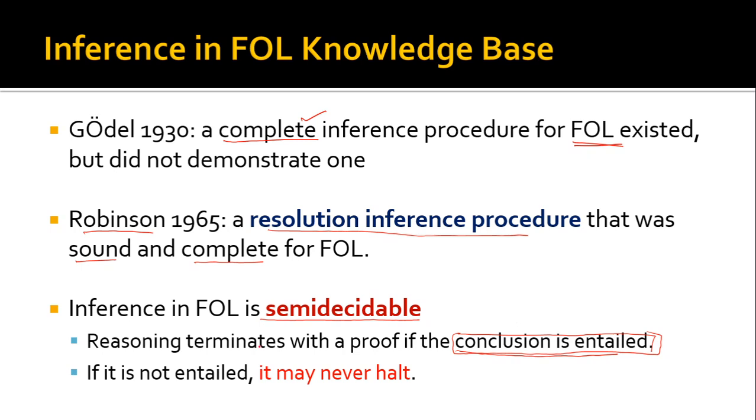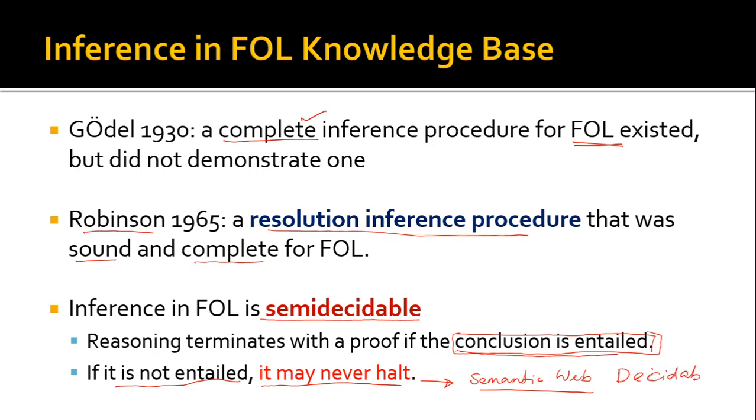But if the conclusion is not entailed, then your program might never halt, which is not a good thing for the semantic web. For the semantic web, you need an inference algorithm which is decidable.